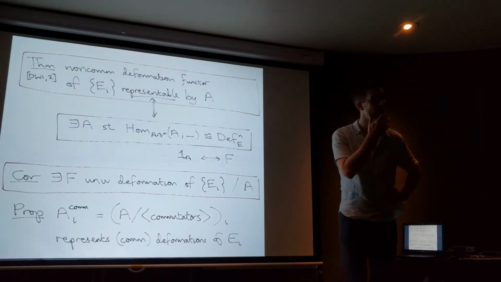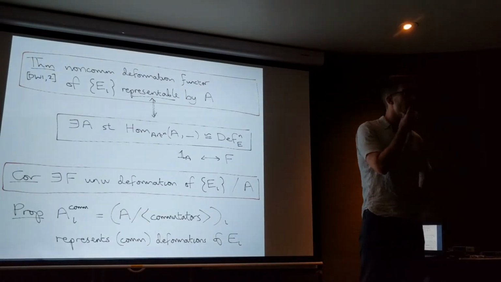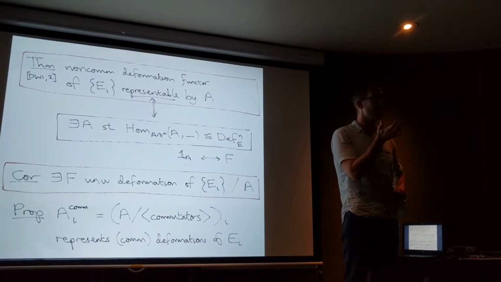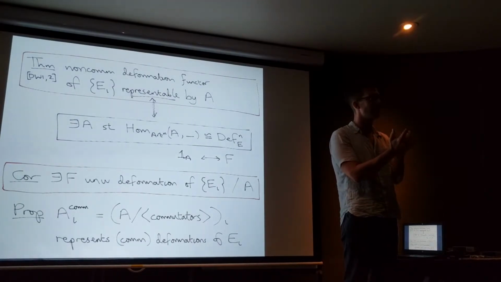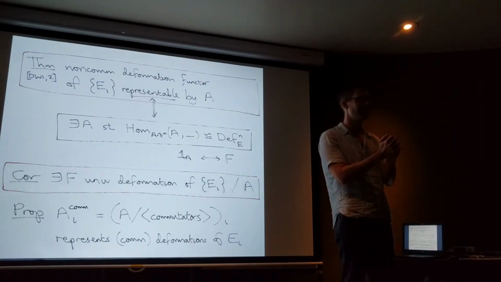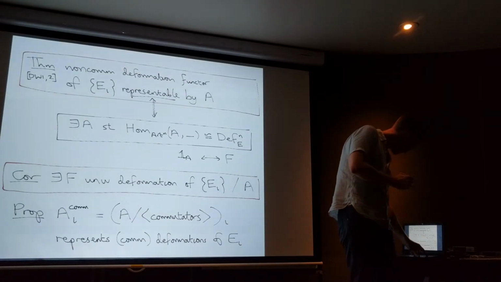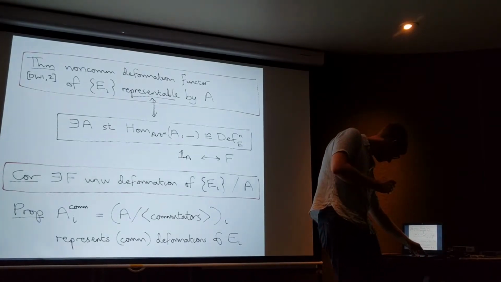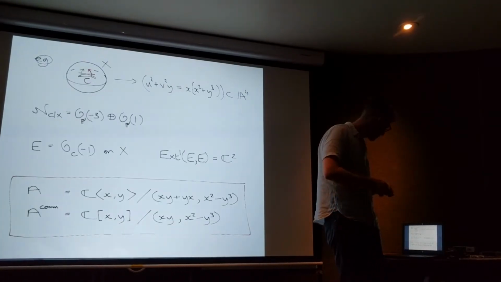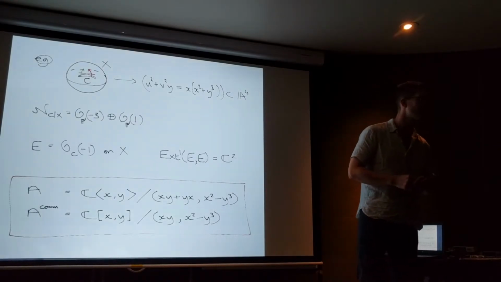In which sense do you divide by commutators? Just by subset as a linear subspace? So I take the ideal. It's not a ring structure. Yes, you divide by a linear subset of commutators. But it's not an algebra.